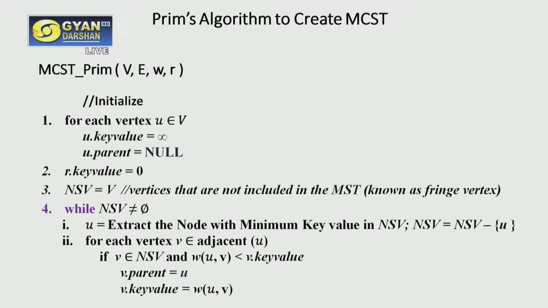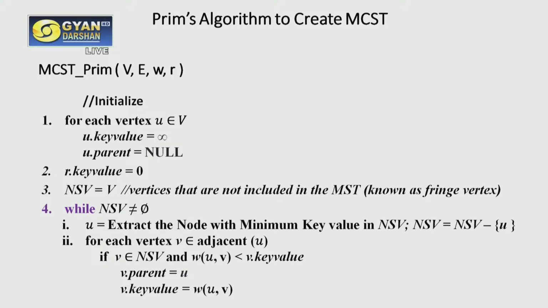And another variable, NSV, also known as the set of fringe vertices, initially consists of all the vertices available in the graph. If the graph has say 5 vertices, then NSV will have those 5 vertices, say A, B, C, D and E. Then what we do is retrieve the vertices from the set of fringe vertices one by one till there are no vertices left in the set.